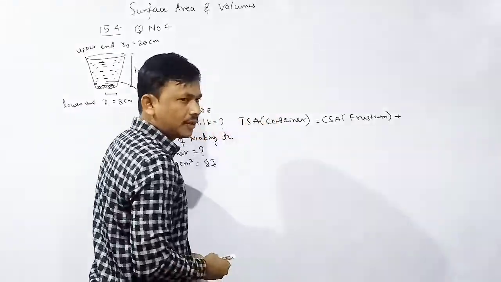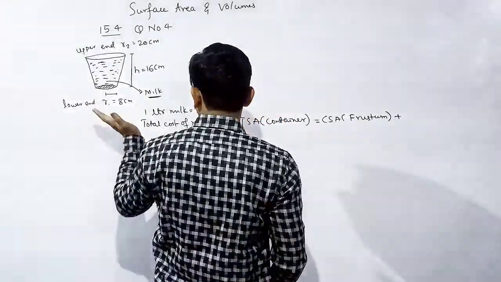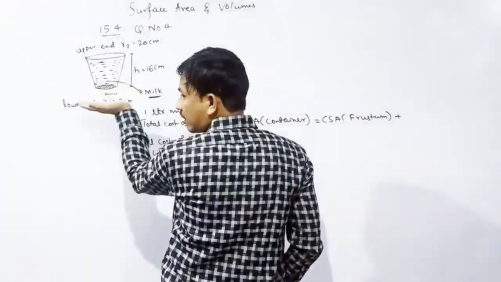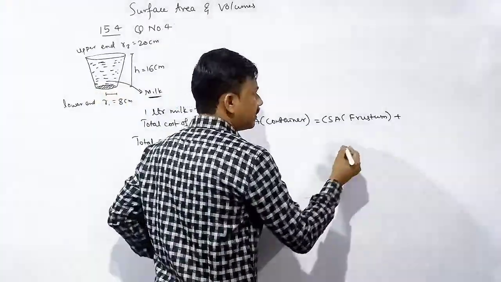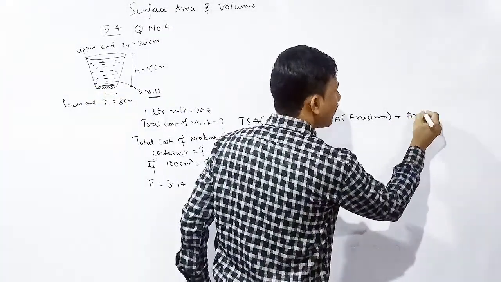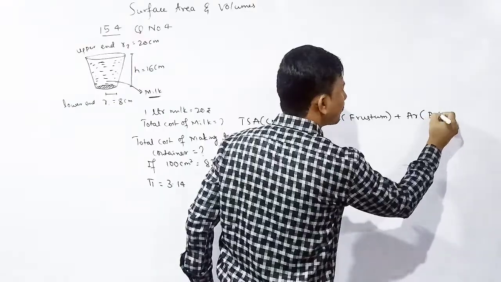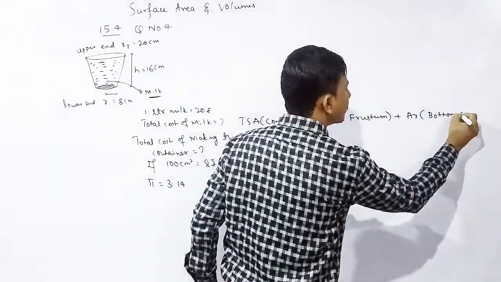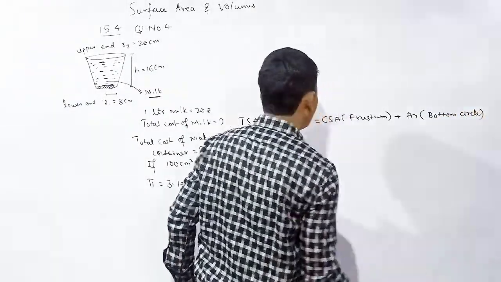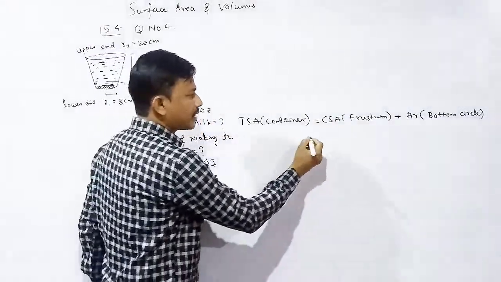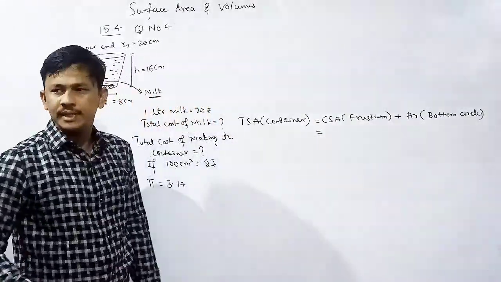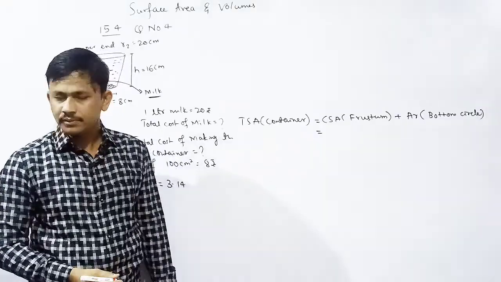plus we will be finding the bottom surface area. That means area of bottom circle or lower circle. What is the formula for the CSA of frustum of a cone?